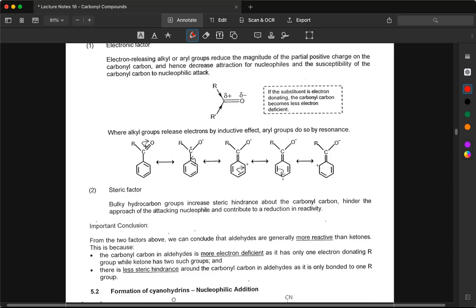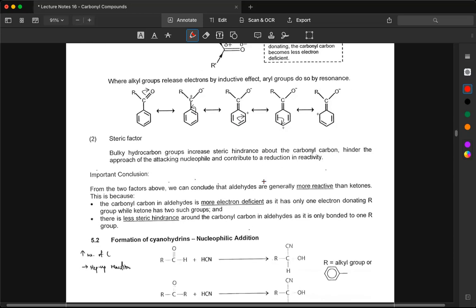From the double bond, it can move to the oxygen, and then from the benzene ring, one of them can move up, and this one can move up, up, up. So it actually supplies electrons in a way to the carbon and makes it less attractive to the nucleophile.